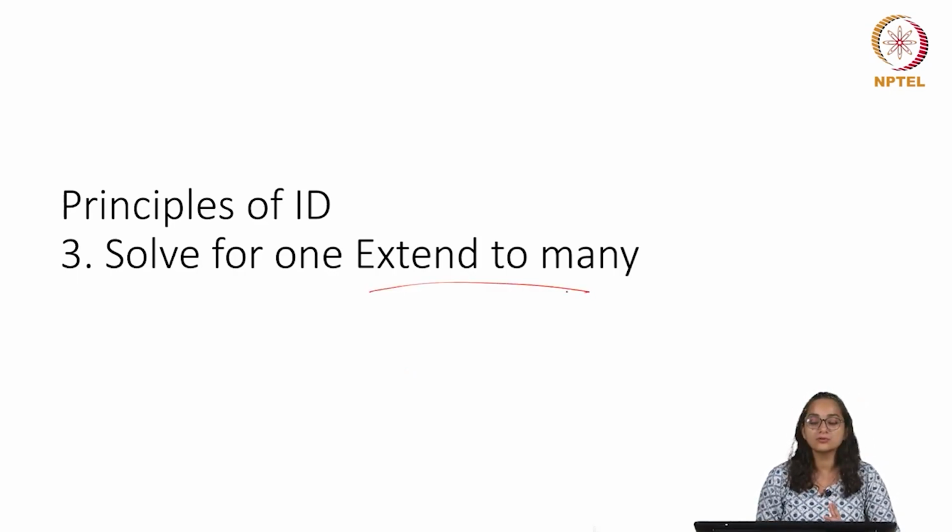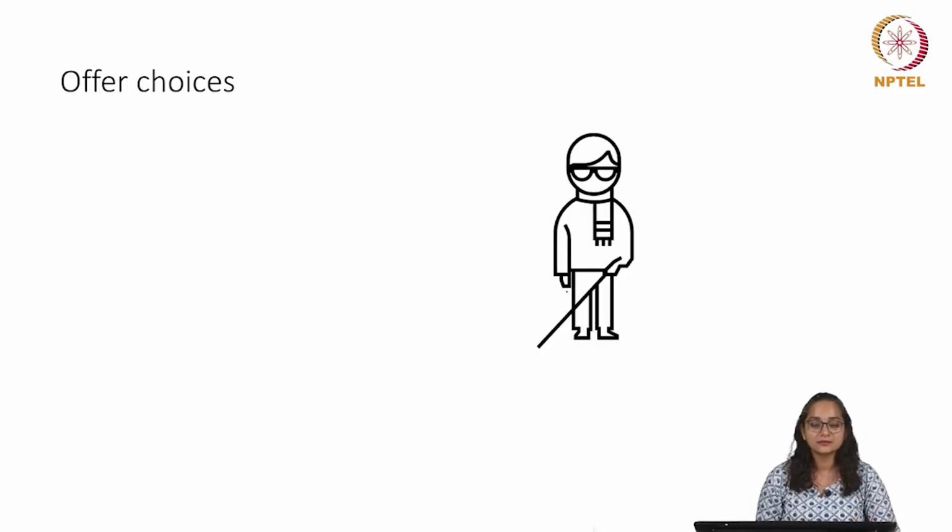But we also need to understand that we can start looking at the problem as an individual problem, but we have to extend to many by diversifying its usability, by diversifying its access. We'll discuss how we can do that.